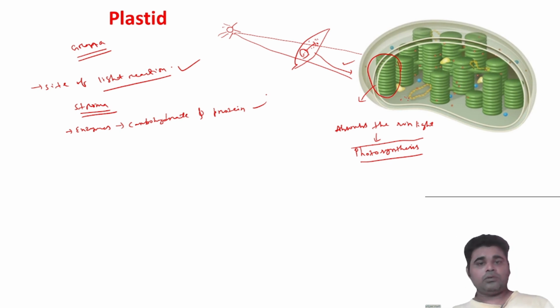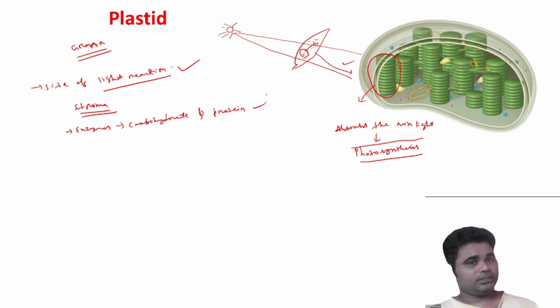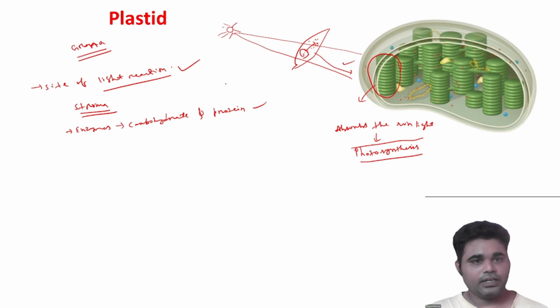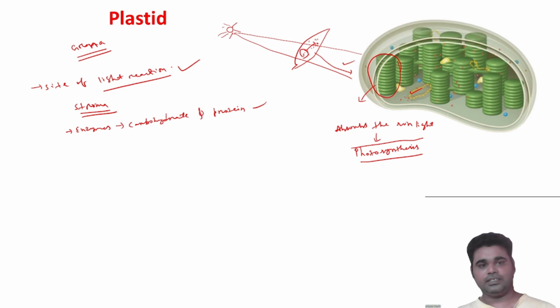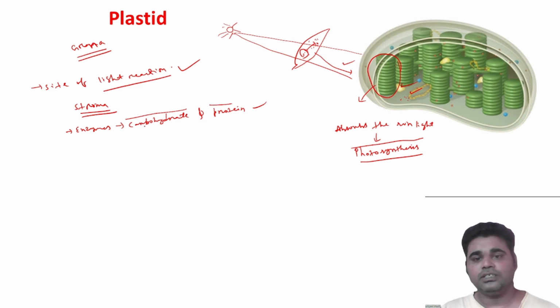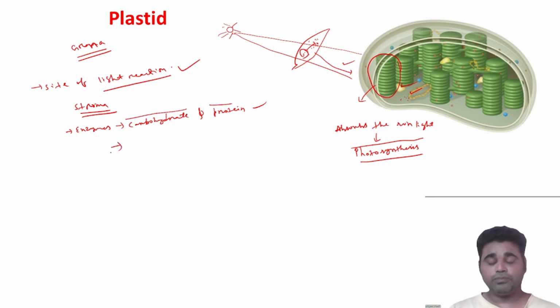Okay, how is the protein formed? With the help of the double stranded circular DNA along with ribosomes. And this formation of the carbohydrate and the protein occurs in the light and also in the dark, that means in the night.